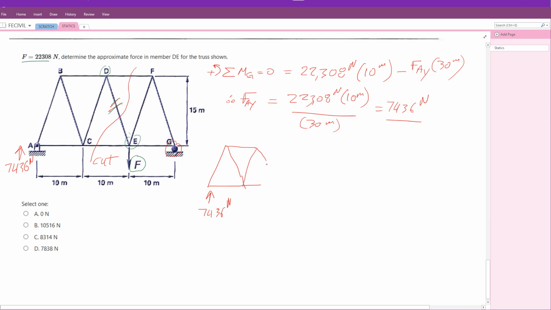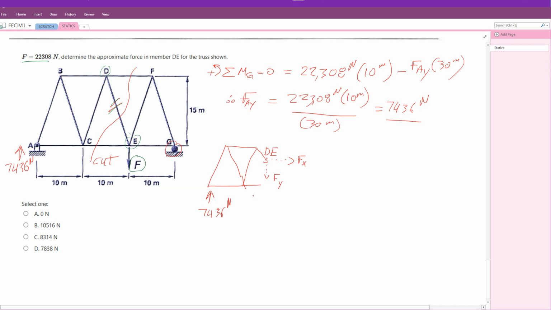And then here we have, imagine this one has two components. It has the Fx and the Fy. This is Fx, this is Fy, and this is DE.